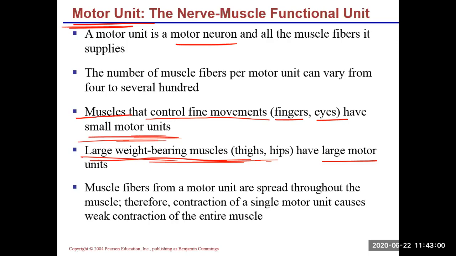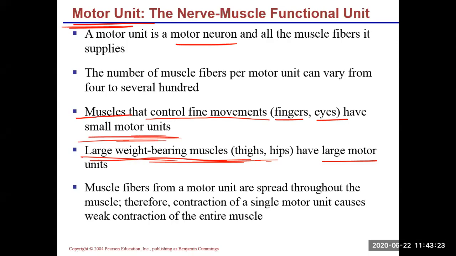What does that mean? Is that a bad thing? No, it's not a bad thing. You have a smaller motor unit because precision is what you're looking after. If you're driving, you want to look around you to see when the red light is going to turn green, who is passing, for example, a pedestrian crossing the street.